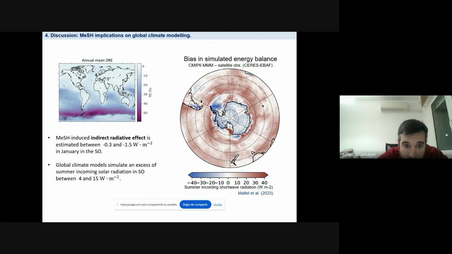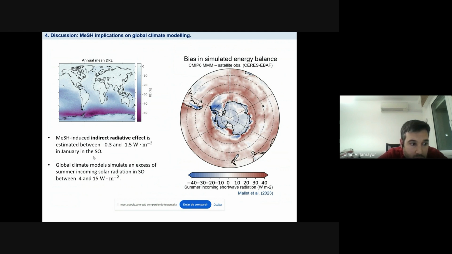This means that the indirect radiative effect of methanethiol can be estimated between -0.3 and -1.5 watts per meter square in January.